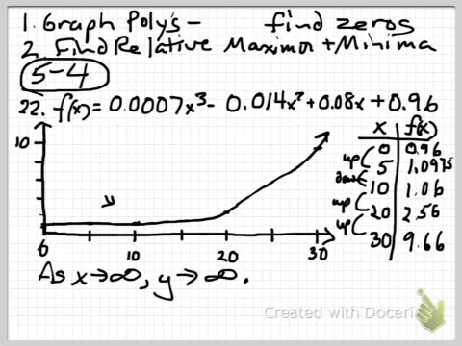And I'll say two things. The first thing is I can see gas getting to $9.66 a gallon, but I can't see it continue, because if I tried f of 40, well boy, at that point, oh, error. Let me quit, fix my window, Xmax at 50, and then graph it.